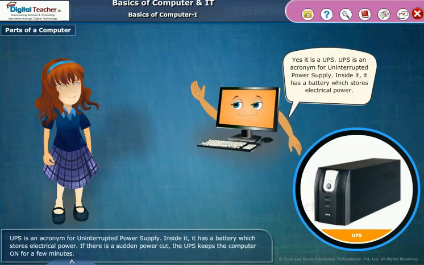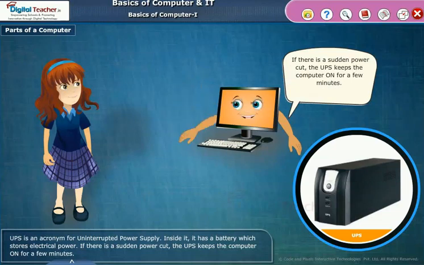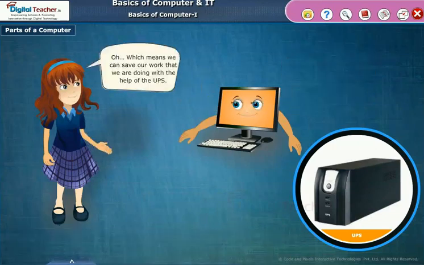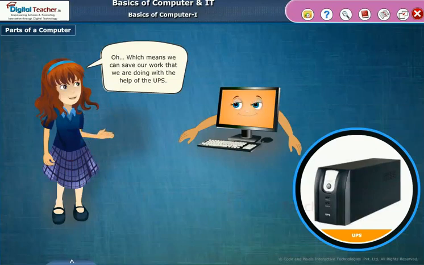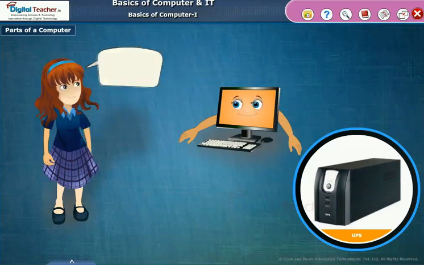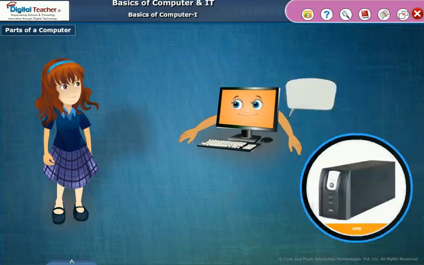UPS is an acronym for Uninterrupted Power Supply. Inside it, it has a battery which stores electrical power. If there is a sudden power cut, the UPS keeps the computer on for a few minutes. Oh, which means we can save our work that we are doing with the help of the UPS. Yes, Chinky.